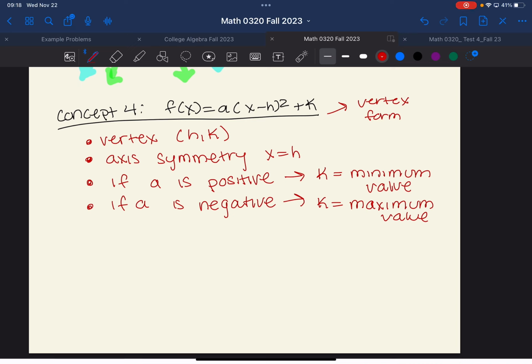Okay. So this is telling us that yes, this equation gives us the vertex, and from the vertex we're able to determine if it is a maximum or a minimum. So if the vertex is on the bottom, it's a minimum. If the vertex is on the top, it's a maximum. Okay.